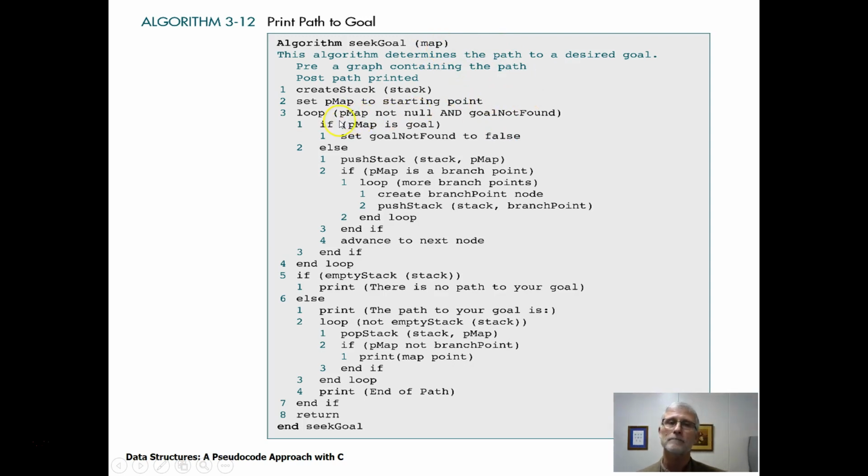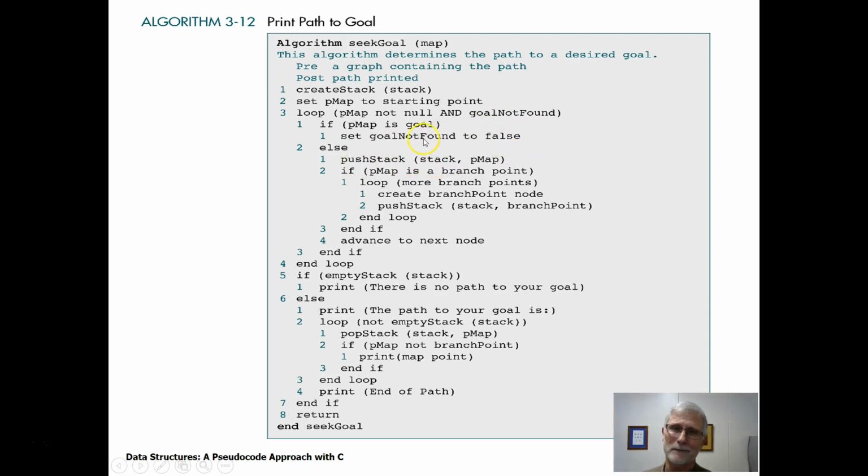So now I'm going to keep looping through. If the map is the goal, if that pointer is the goal, I'm going to set the goal not found. So that means I found the goal, goal not found, I'm going to set that to false.